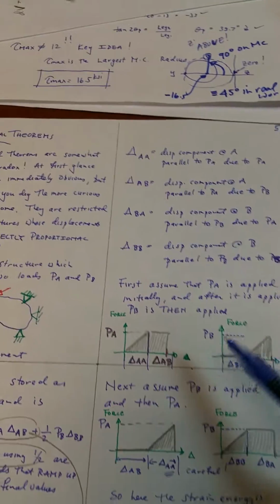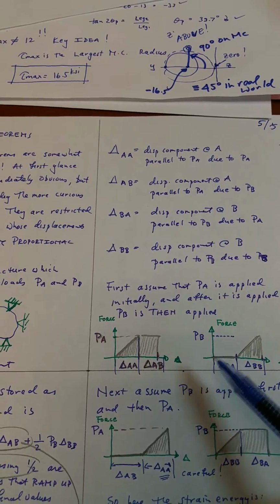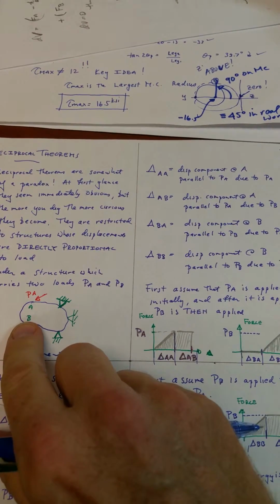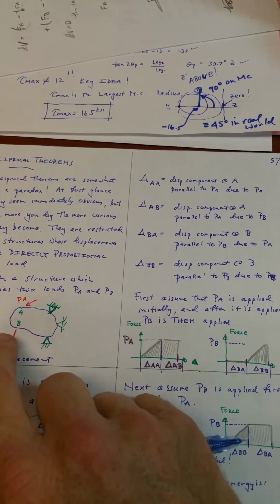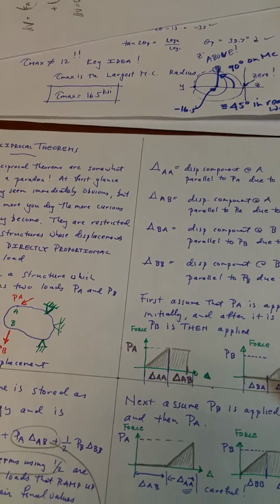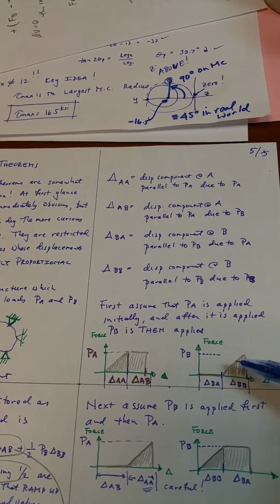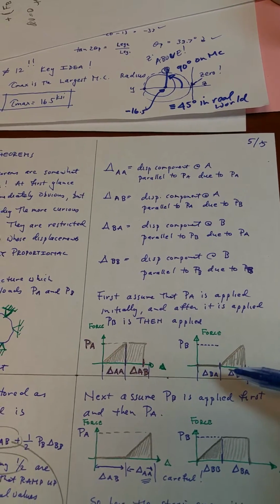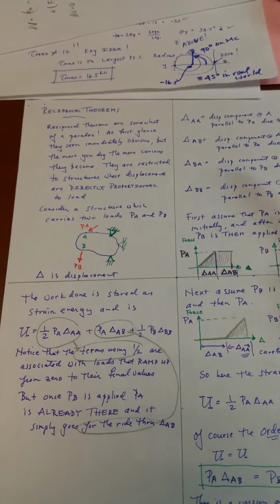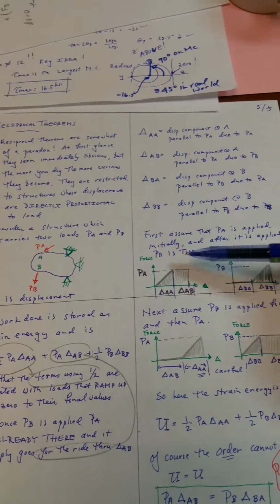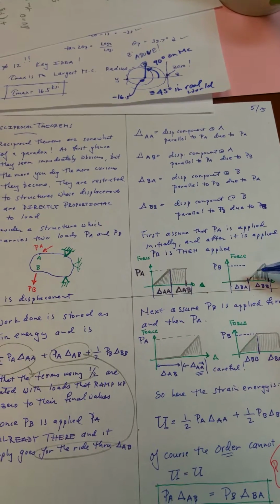And then while PA is being applied, remember PA was being applied first, PB is doing no work because it's not even there. And then PB is being applied, and it's only riding through delta BB here. Okay, so the work done is stored as strain energy, and it's a triangle, a rectangle, and a triangle.